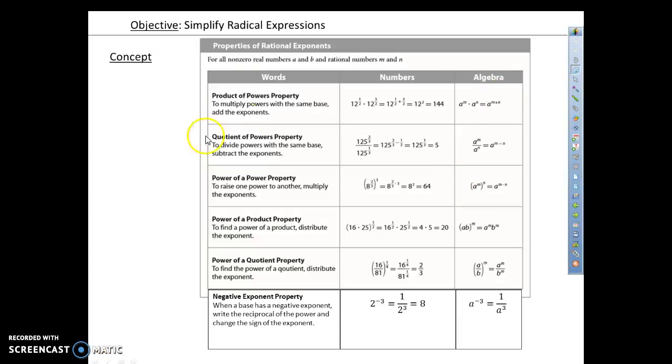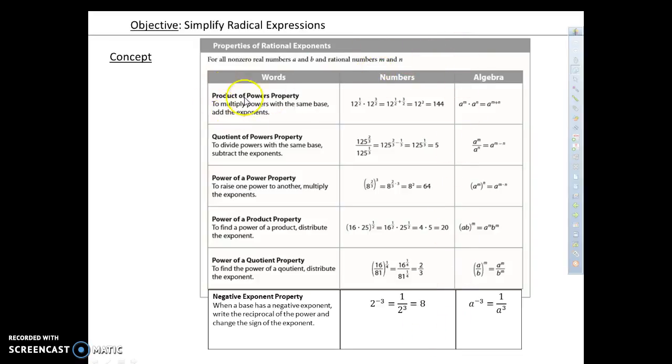So the concept for simplifying radical expressions is that we are going to perform some algebraic magic using all of these power properties. We have this chart in our notes that says for all non-zero real numbers a and b and rational numbers m and n, these exist.